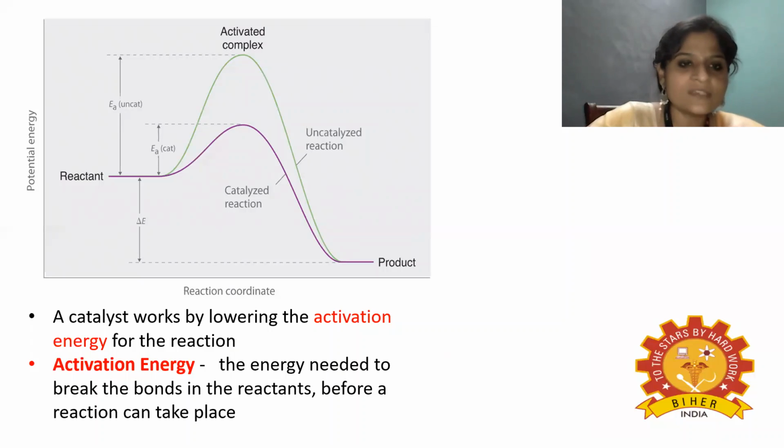So if we see the difference, I have shown two different reactions here. One reaction is using a catalyst and the other reaction is not using a catalyst.